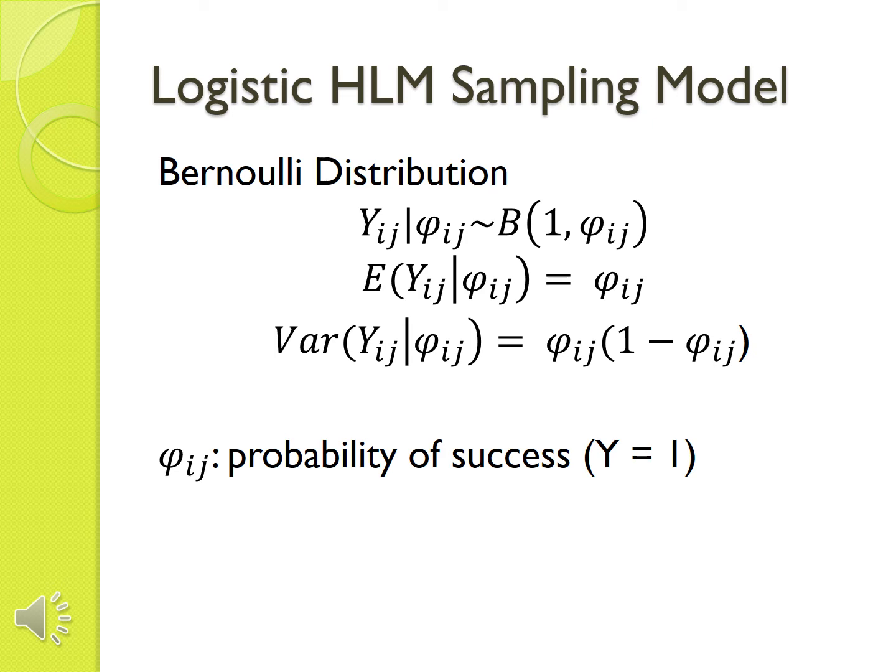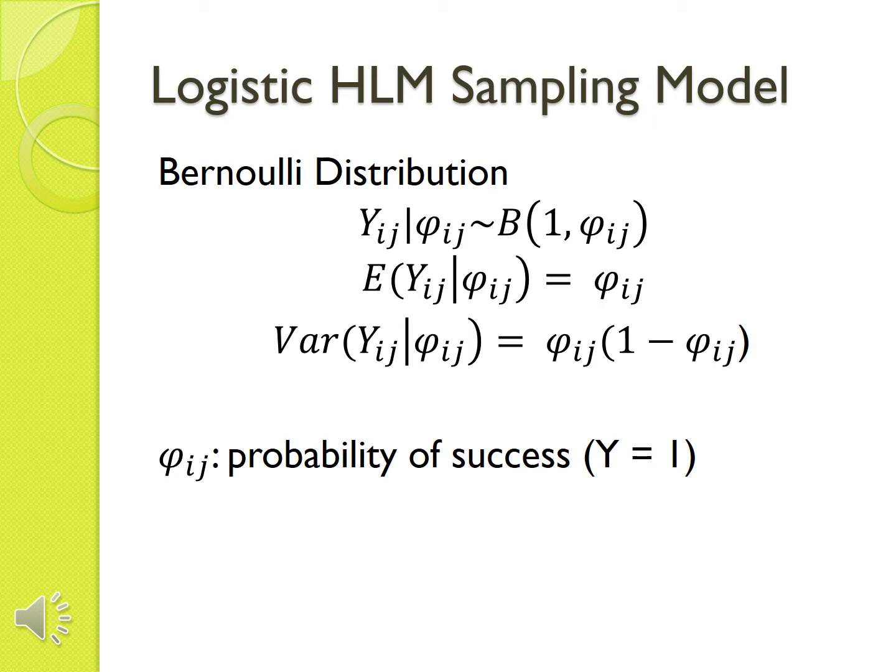So the Bernoulli distribution for the HLM sampling model I put out here looks pretty much the same when you compare it to the one on the slide before. There's a little difference in symbols. Instead of a p, we have a phi in here. And we now have two indices, assuming a two-level model. Your Y is a Yij.